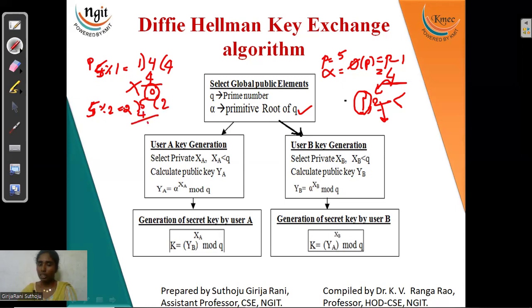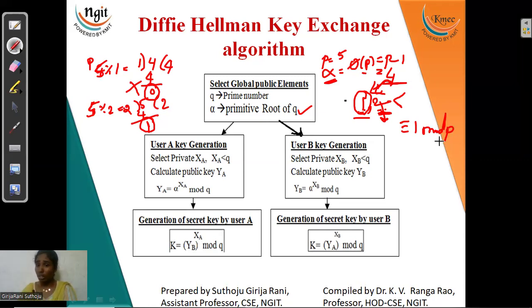My output is 1. I should choose my alpha in such a way that after having my phi value 4 and after finding its factors, I should choose one of the factors as a primitive root, 1 or 2. Among these two, the one giving modulus of the prime number as 1 should be my output. Don't forget, modulus of the prime number.